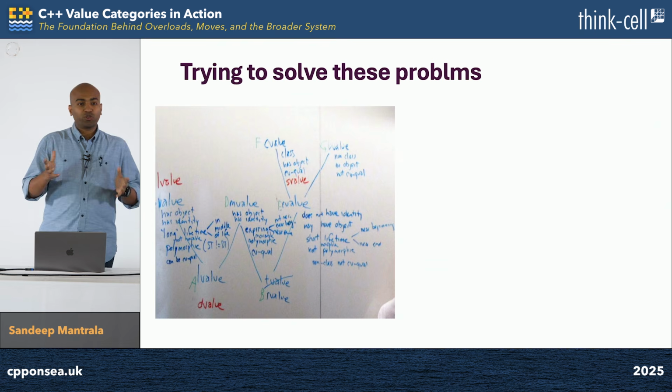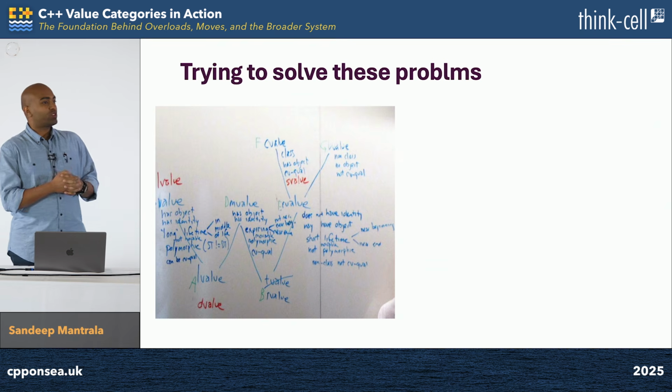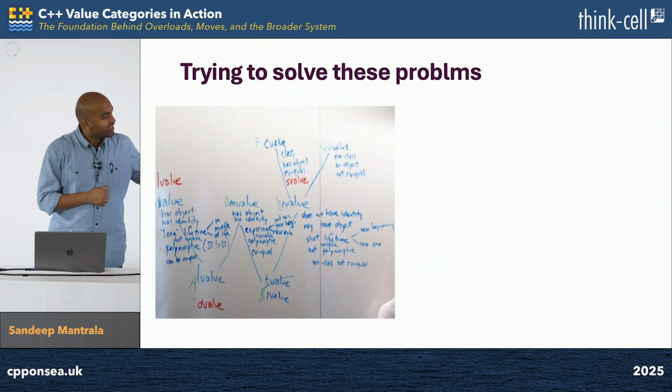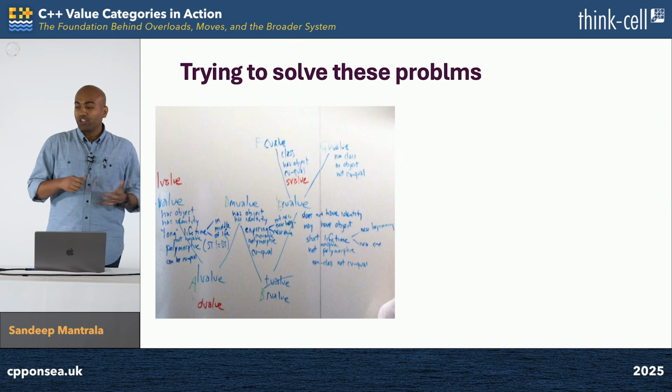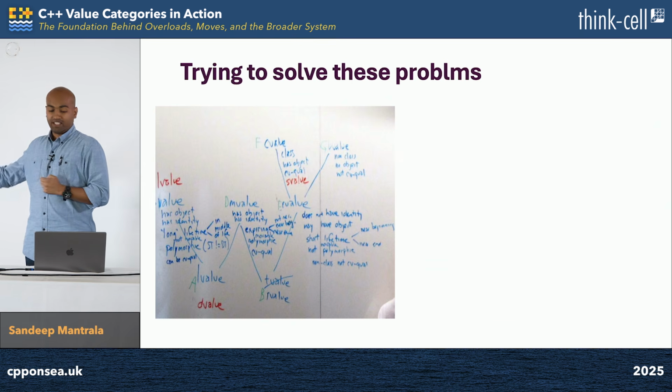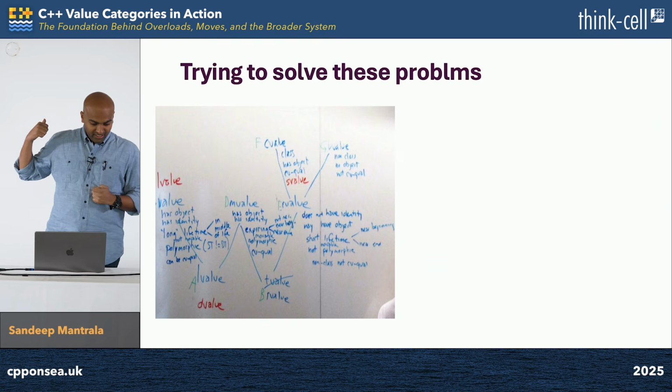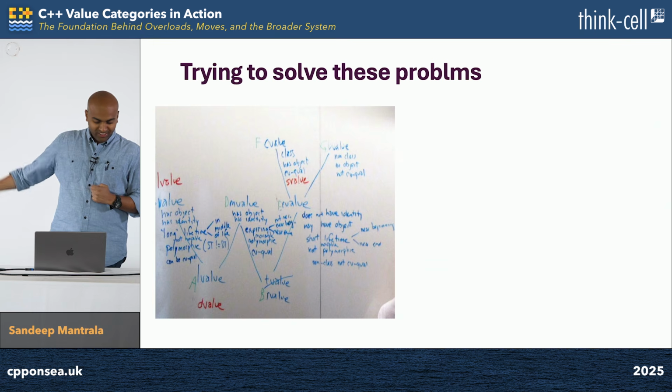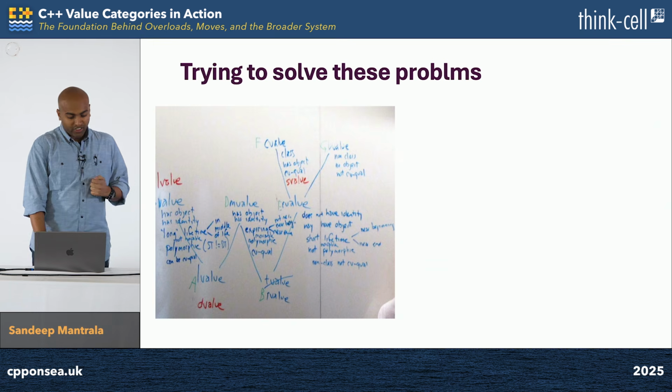Members from the standard core committee all sat in the room, they wanted to solve this problem. When they jotted down on the board how many different value categories are possible and needed, they came up with a diagram like this, where we had A value, B value, C value, D value, E value, F value, G value, so many values here, right? Of course, this is not going to fly.